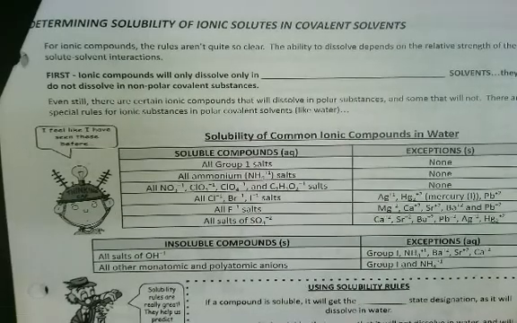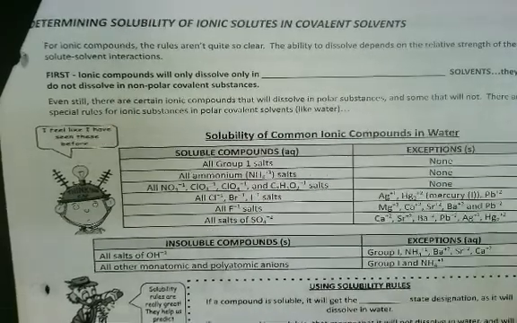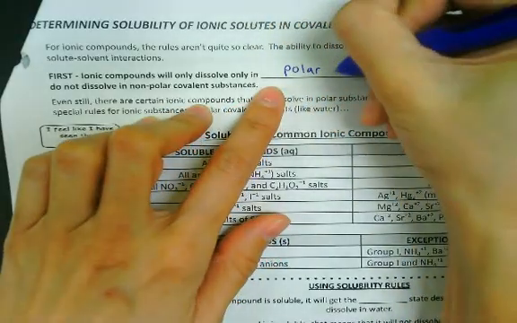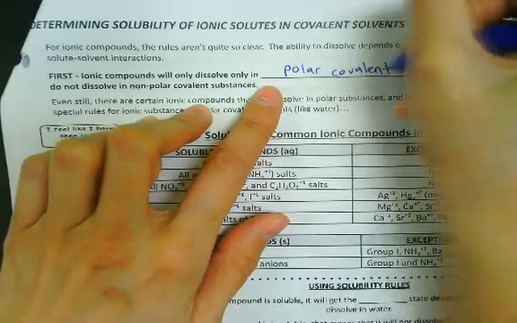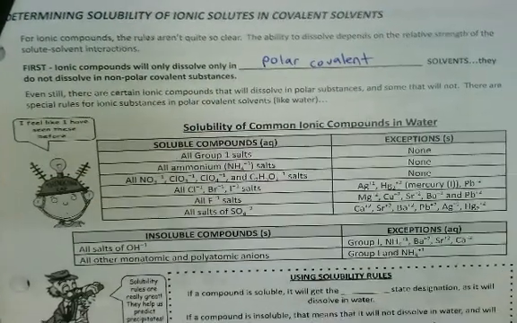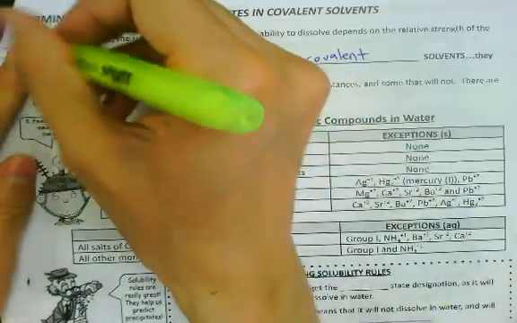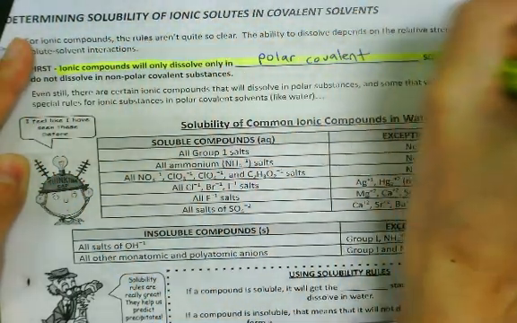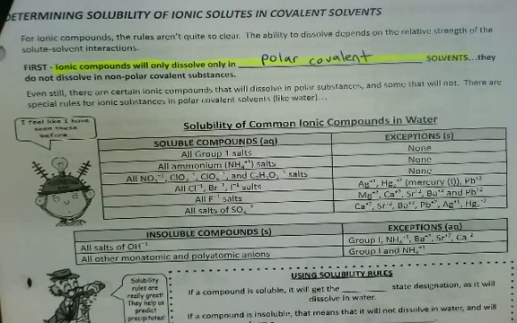The first thing you need to know here is that ionic compounds will only dissolve in polar covalent substances, or solvents.